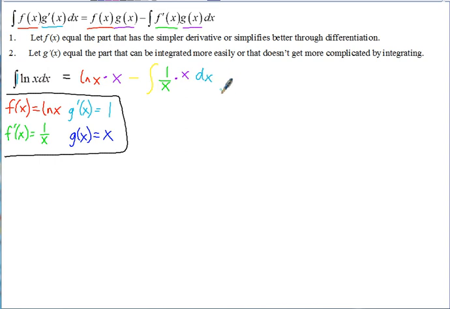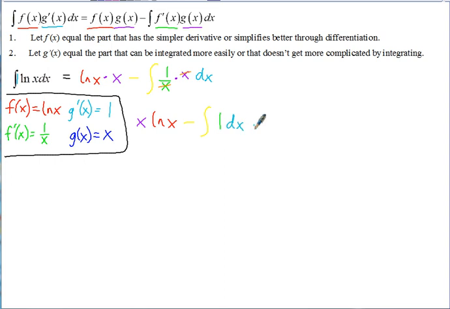So if we simplify that, bring that x out in front. Notice this x is not inside the natural log, so it can't become x squared there. Just x out in front, and then natural log of x minus, notice what simplifies here, the x's reduce out. So all that's left inside of our integral is just 1 dx. It doesn't get much simpler than that.